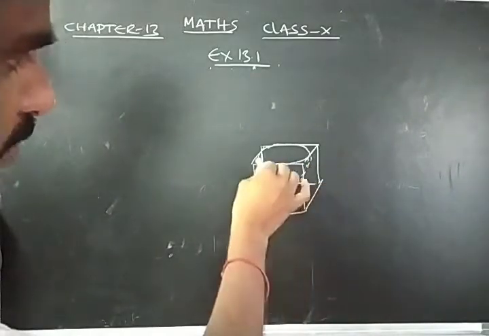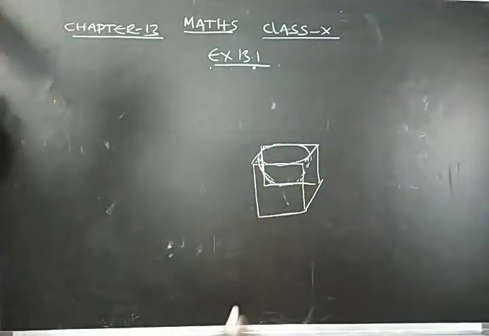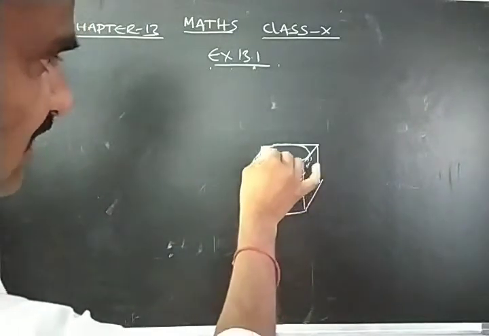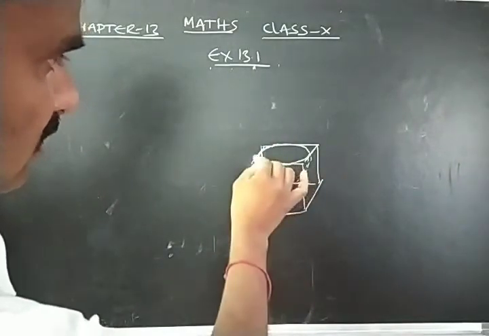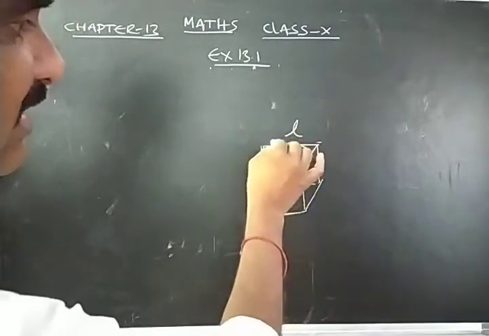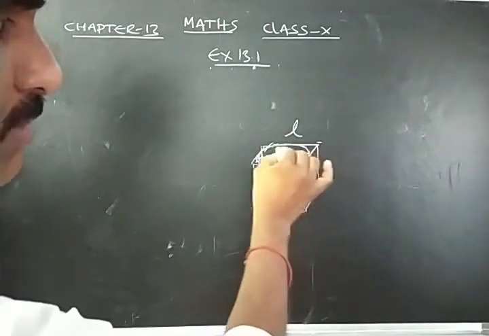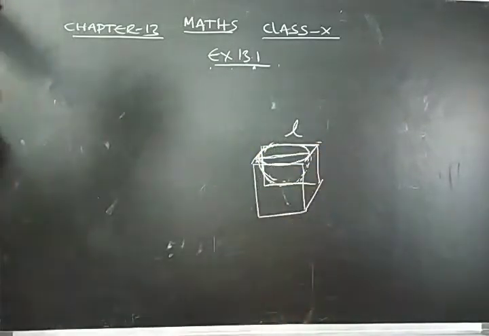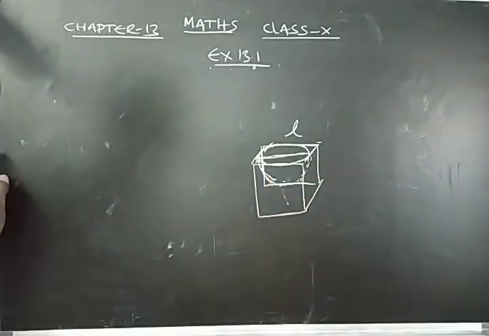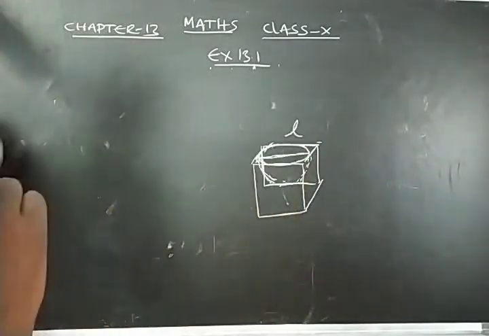This is the base of the hemisphere. The diameter is L, which is equal to the edge of the cube. So the edge of the cube is L and the diameter of the hemisphere is L. This is the given information.